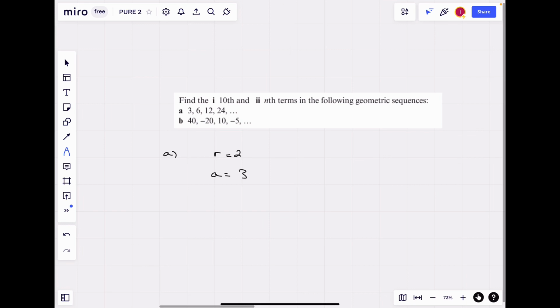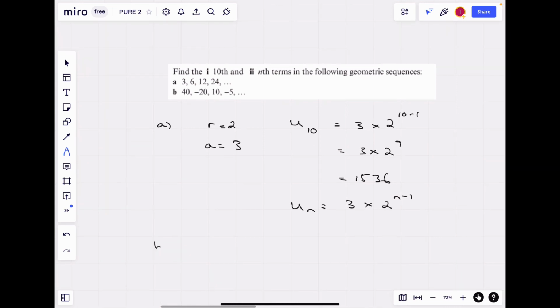So to work out the 10th term, u10, we would do 3 times 2 to the power of 10 minus 1, or 3 times 2 to the power of 9, which is 1536. The nth term would be 3 times 2 to the power of n minus 1, and you would just leave it like that. So that being said, can you try B for me, please?